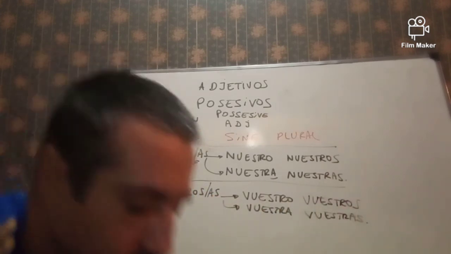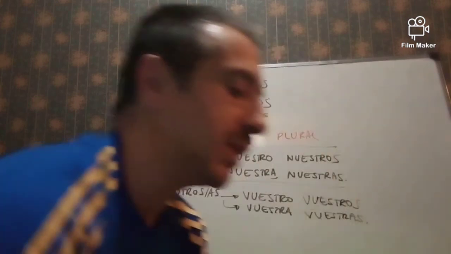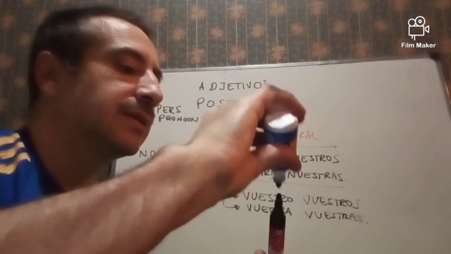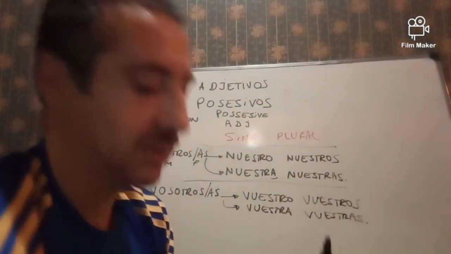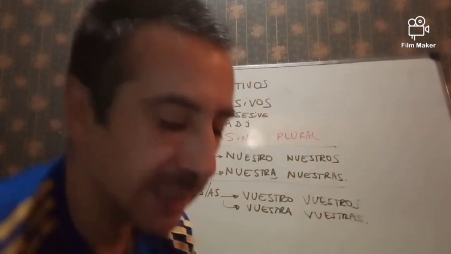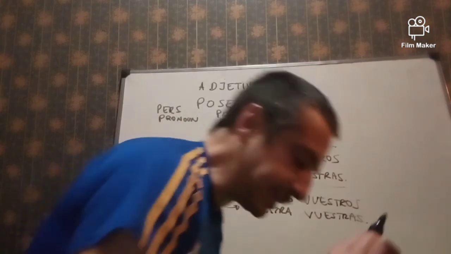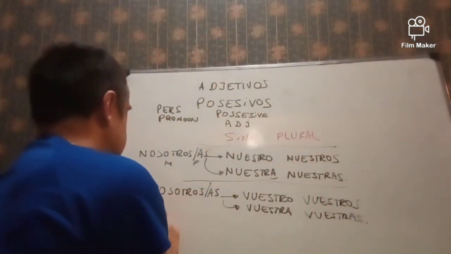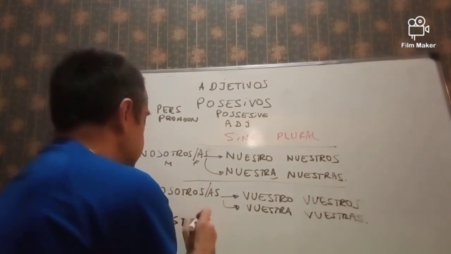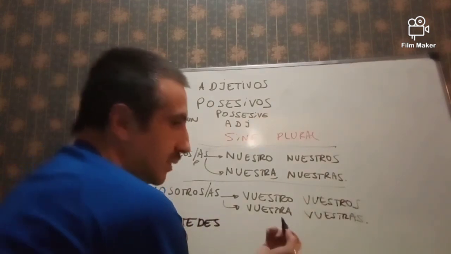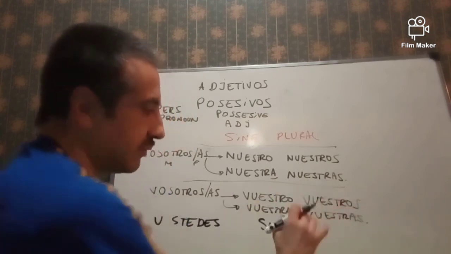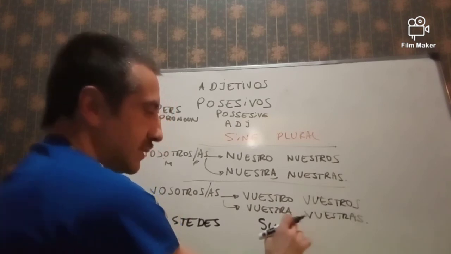In Latin America, we just use the same possessive adjective as for the word ellos, ellas, that doesn't have a distinction according to gender, only to number. So we say ustedes, and the possessive adjective is su for both masculine and feminine nouns that follow.